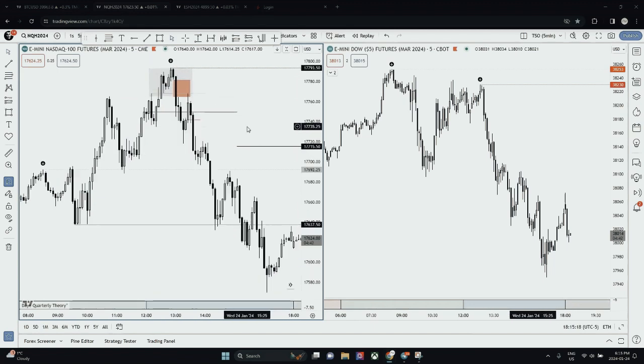This is something that I think is actually crazy, right? There will be some times when you will see SMT between Wednesday and Thursday, right? So you'll see NASDAQ make the low of the week on Wednesday, and then you'll see, for example, the S&P 500 or Dow Jones make the low of the week on Thursday.